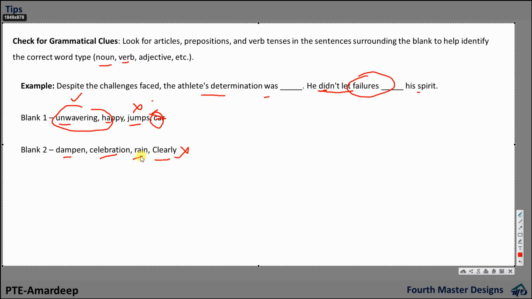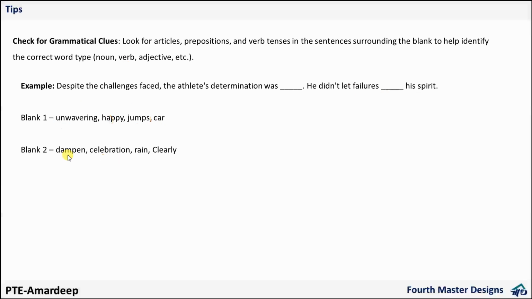Celebration also, after failure, doesn't fit at all. So grammatically both of these can be eliminated. We have only dampen. So look for grammatical clues. Check whether your answer is grammatically correct or not: noun, verb, adjective, adverb. Keep those things in mind.